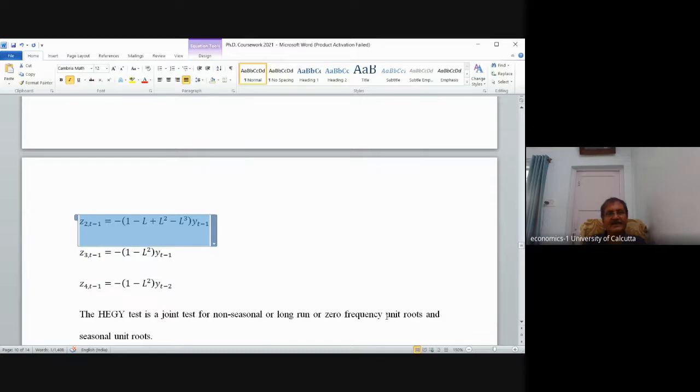You can write further: minus YT minus 1 plus YT minus 2 minus YT minus 3 plus YT minus 4. So in that case also, you have to take the past 4 quarters but alternate in sign, starting from the negative side.